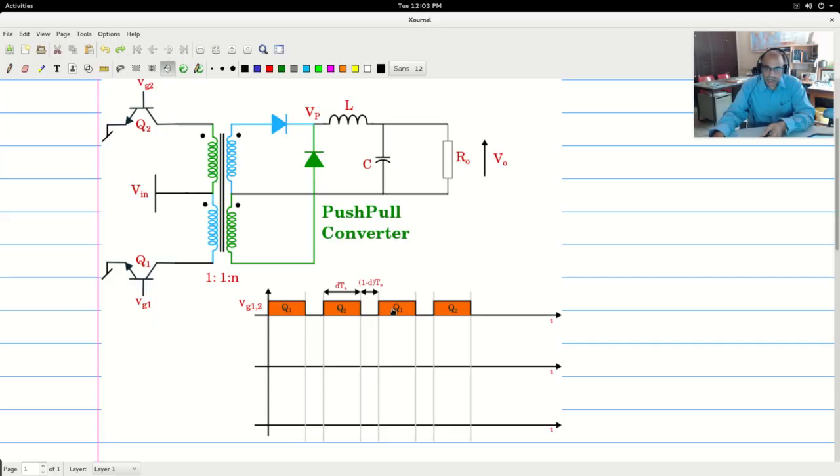So this is the pattern in which we will give the gate drive for VG1 and VG2, and accordingly Q1 and Q2 will switch. Now given this pattern, let us see how the waveforms will appear at VP, the pole, and then of course the inductor currents.